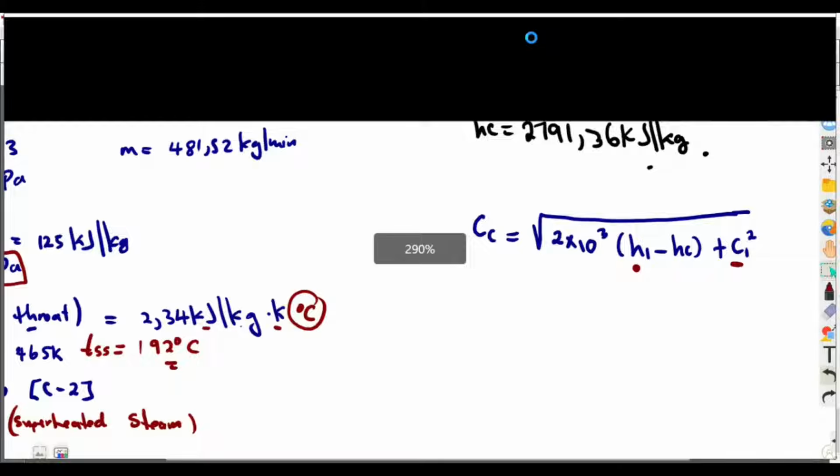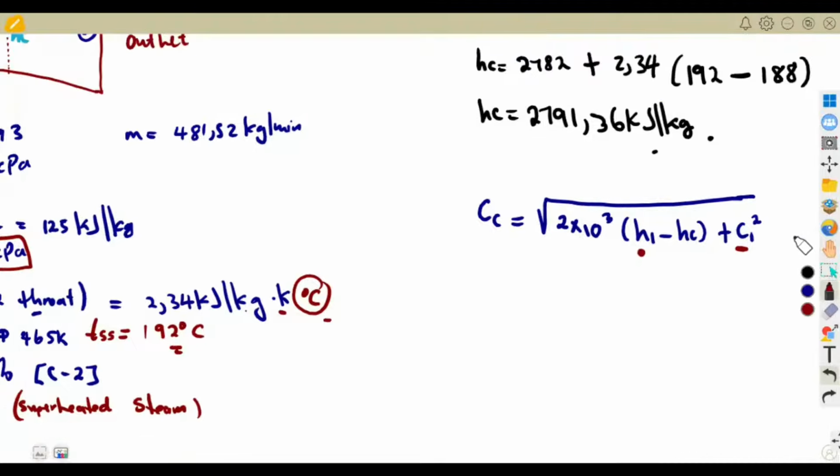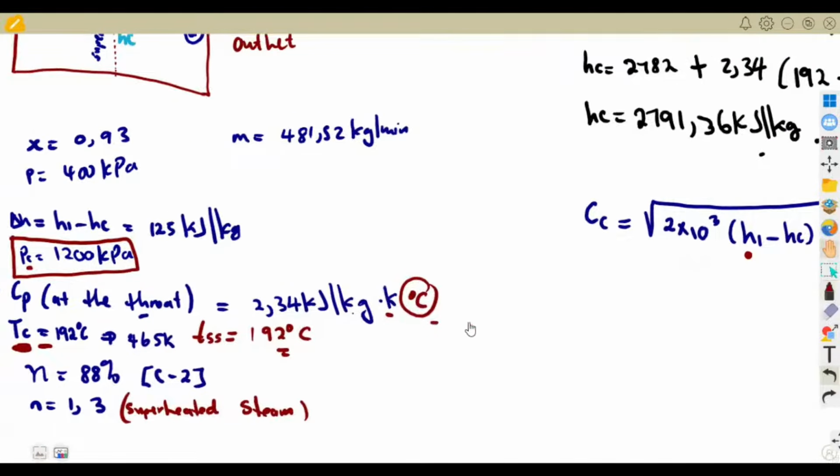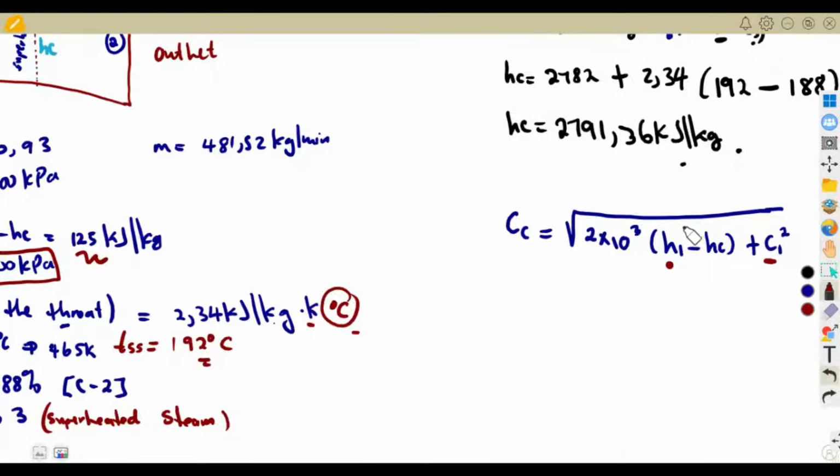If we take a closer look here, we have the difference that we talked about previously. If you still remember, H1 minus HC is 125 kilojoules per kilogram.